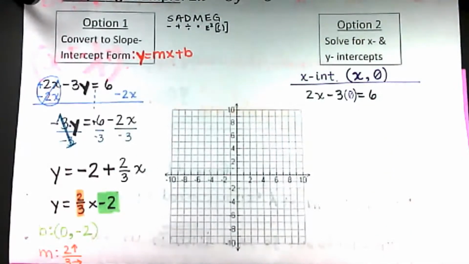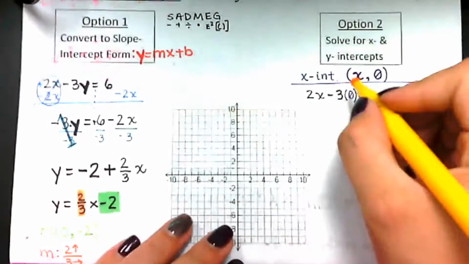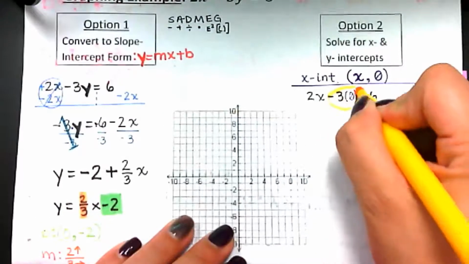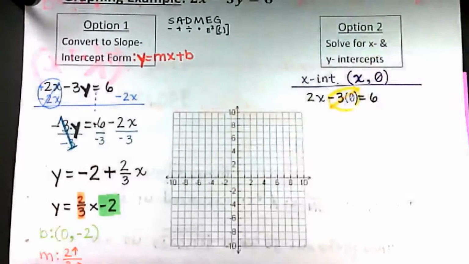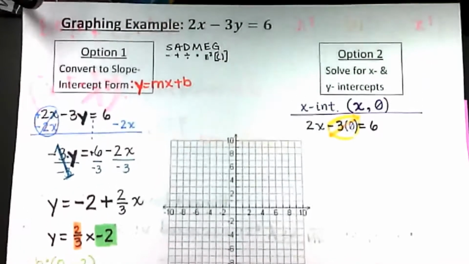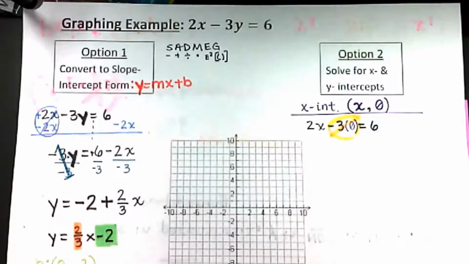So it makes it really easy to get rid of stuff, to eliminate things. So my negative 3 times 0 is 0. Now, this is something that I know I probably shouldn't say, but if it helps you remember, listen up.